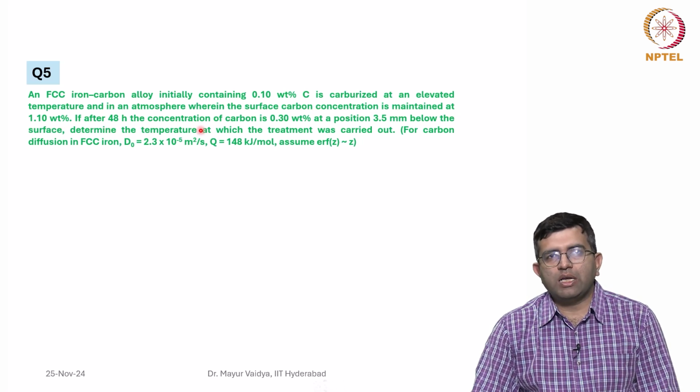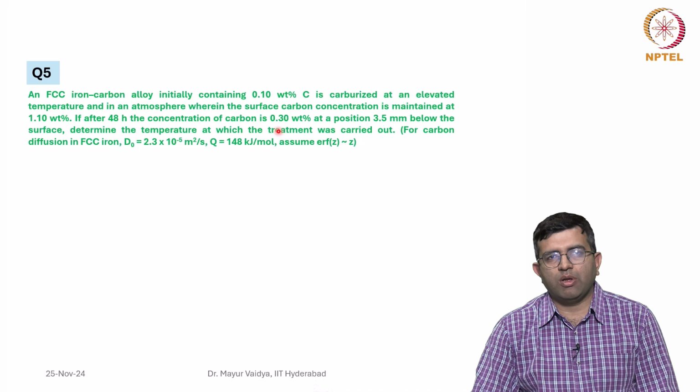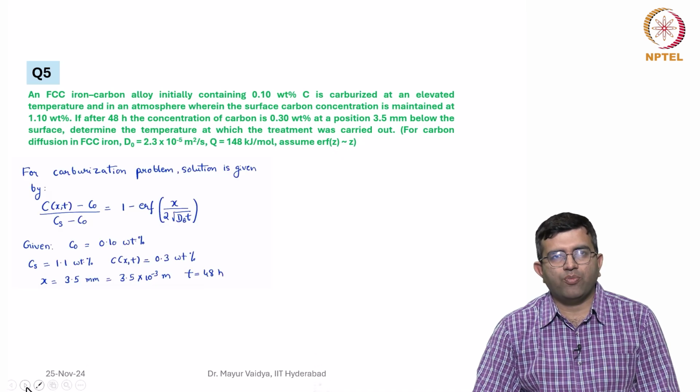If after 48 hours the concentration of carbon is 0.3 at a position 3.5 mm below the surface, determine the temperature at which the treatment was carried out. For carbon diffusion in FCC iron, D0 is given as this, Q is given as this, and error function of Z you can assume to be equal to Z. This assumption is reasonably okay for solving problems without referring to the table.